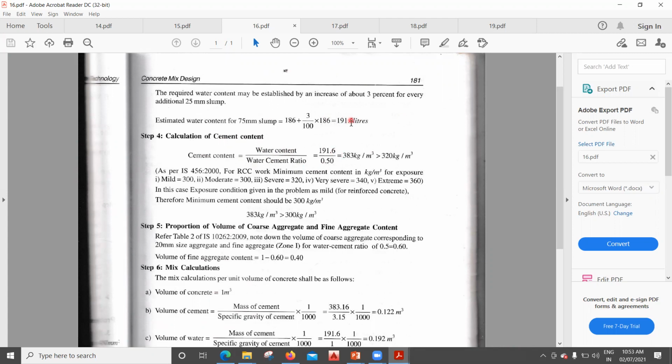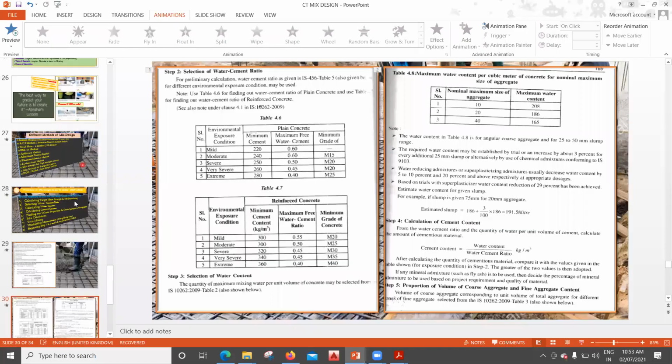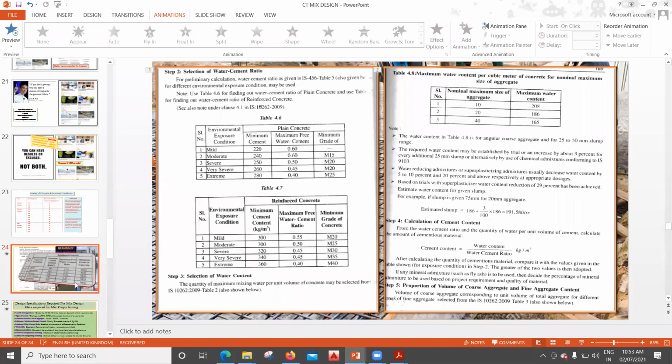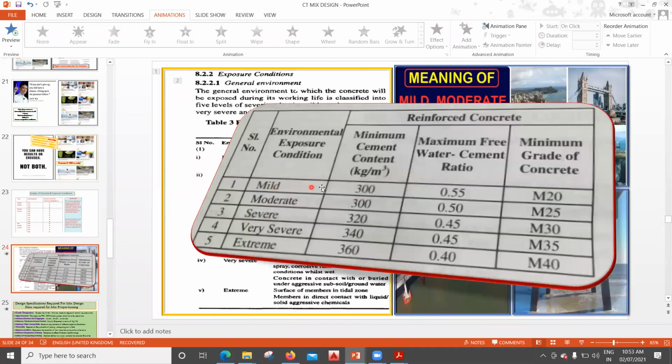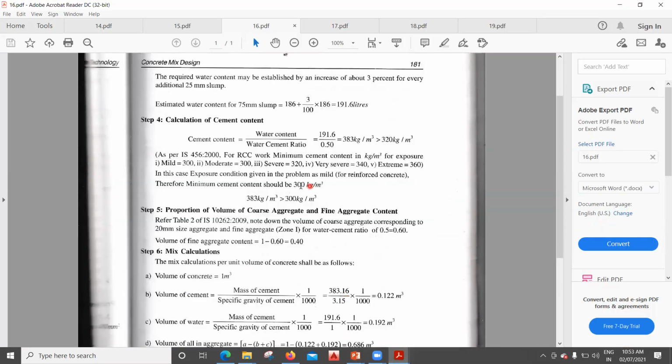Water content is 191.6 divided by the water cement ratio we have adopted, 0.5. Doing this, 383 is the cement content I'm getting. According to the code for the mild exposure, minimum cement content has to be 300, but we are getting 383, which is greater than 300.